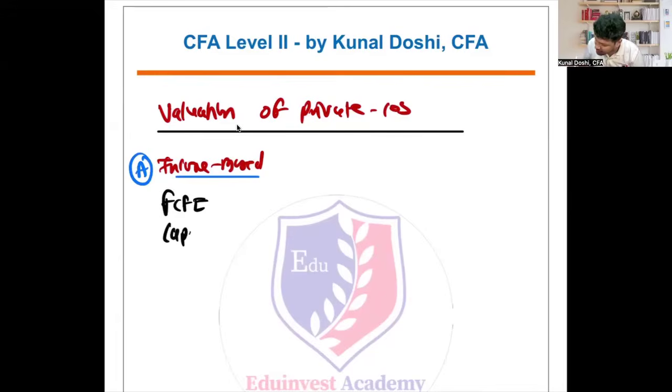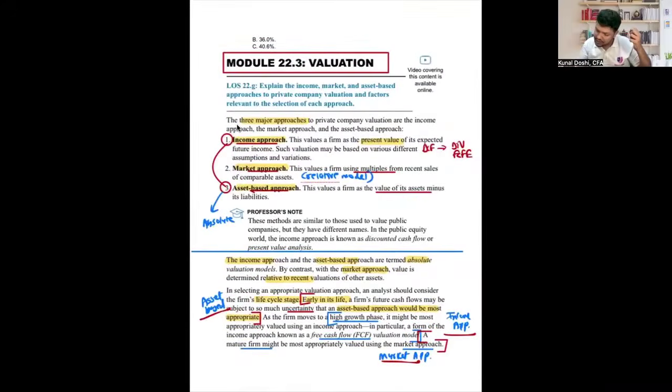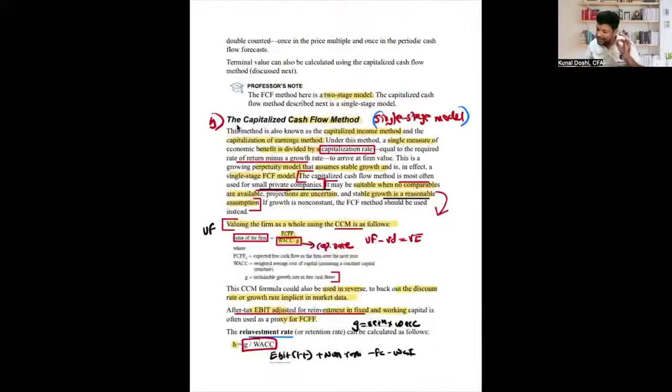Then there is something called the capitalized approach. Here, in the income approach, we have the free cash flow method, right? We can use multi-stage, but the capitalized cash flow method is a constant growth rate model. It's exactly the same.